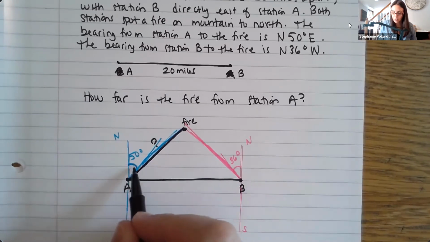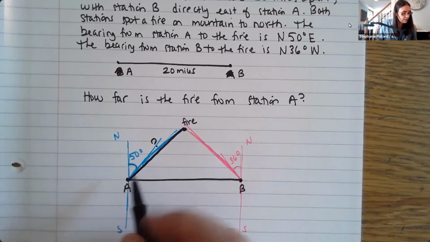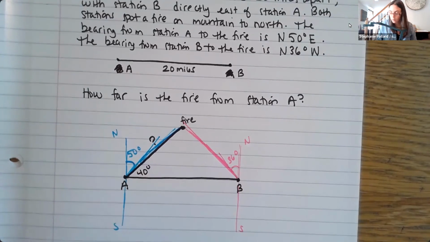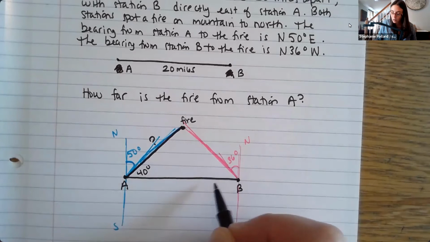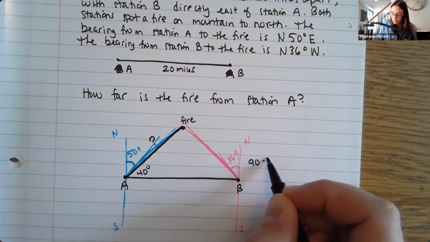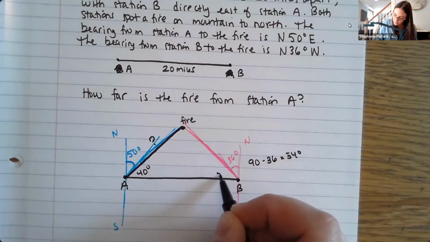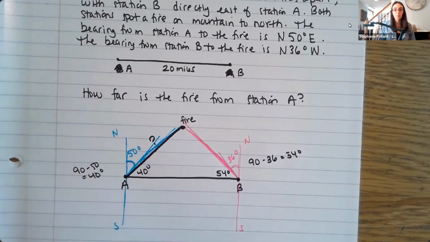So if this is 50 degrees and this is a right triangle here, right, a perfectly 90-degree angle, then this side must be 40 degrees to get 90 degrees. Over here, this would be a 90-degree angle, the whole thing together. So 90 minus 36 is going to be 54 degrees. So this is 54 degrees. So we can find those missing pieces.